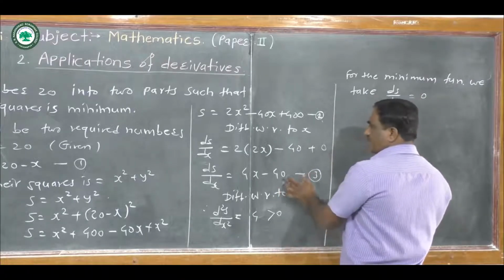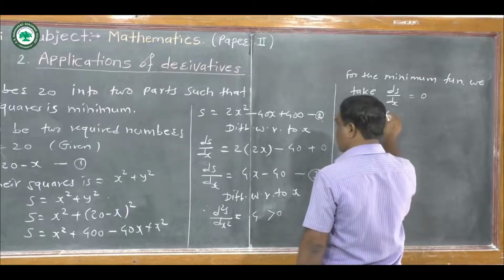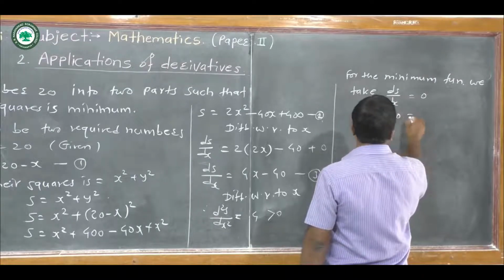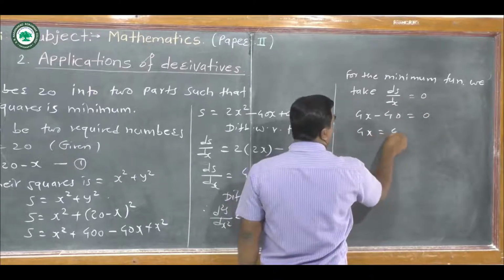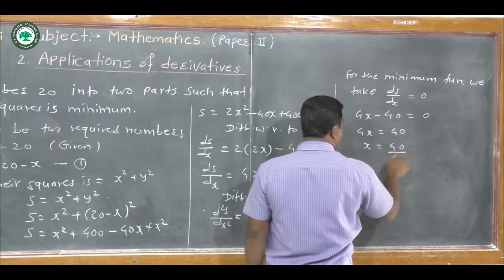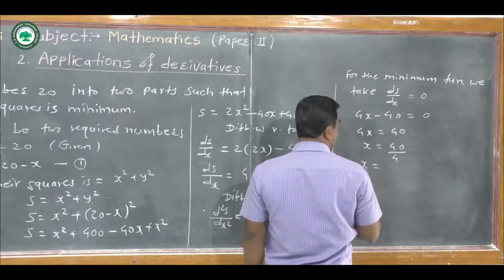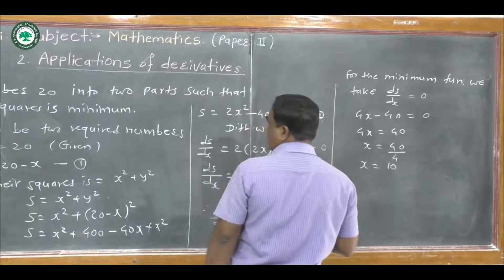Therefore, we can write equation third as 4x minus 40 is equal to 0. That is 4x is equal to 40, x is equal to 40 upon 4. That is, we get x is equal to 10. We get one value of number x is equal to 10.